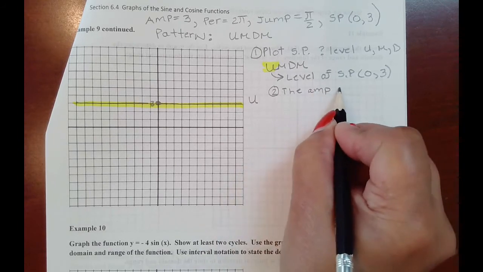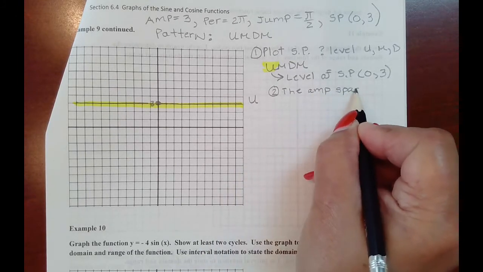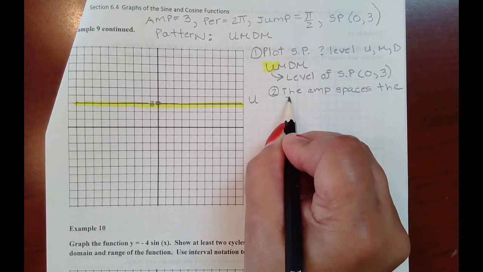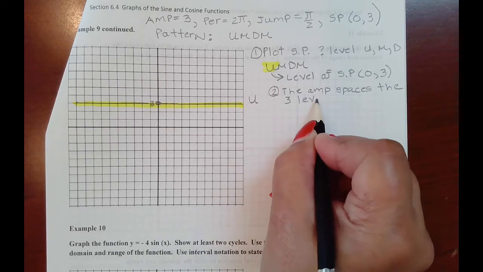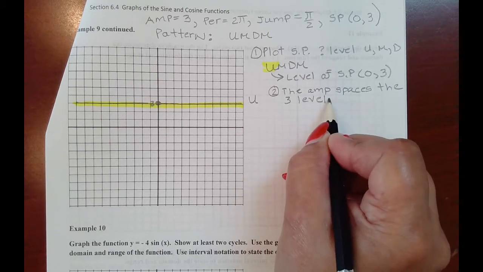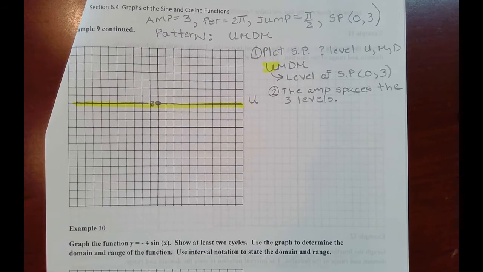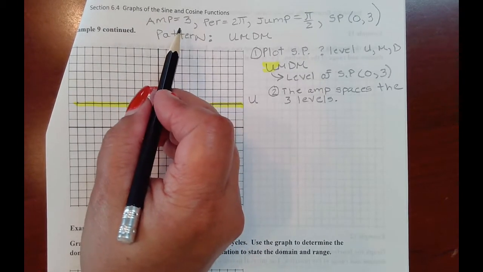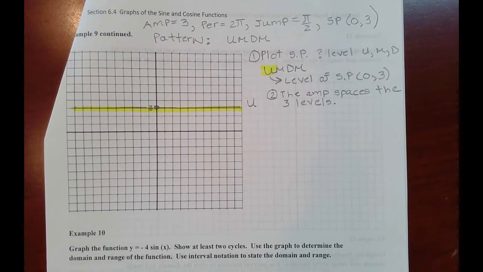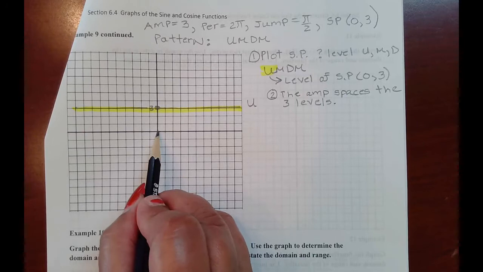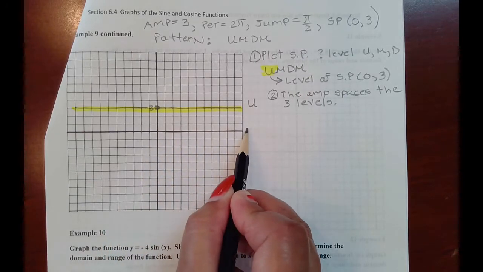So the amp spaces the 3 levels of the graph, upper, middle, and downward. Okay, so what was our amp? 3. That means there's a distance of 3 between the upper, the middle, and the downward. So from upper to middle, just go down 3. This will be your next level right here at the x-axis.